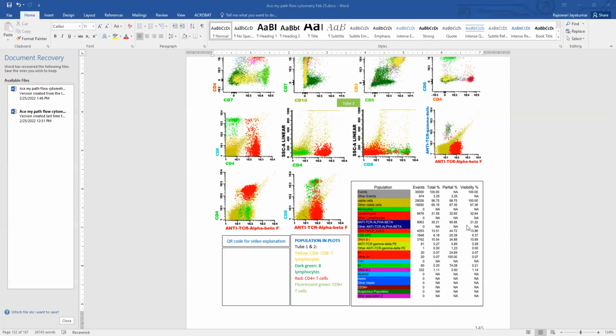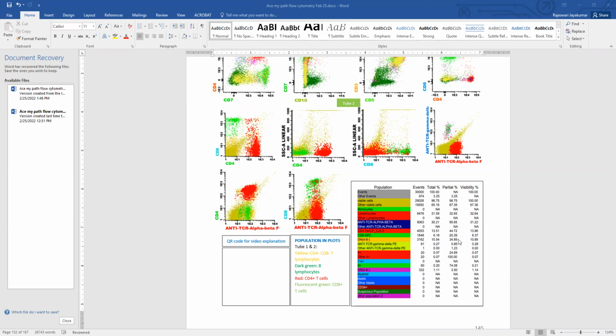And when you see that these alpha beta T cells are 31% of all cells, of these 13% are CD4 positive, 6% are CD8 positive, and our double negative T cells account for 10.8% of all cells.